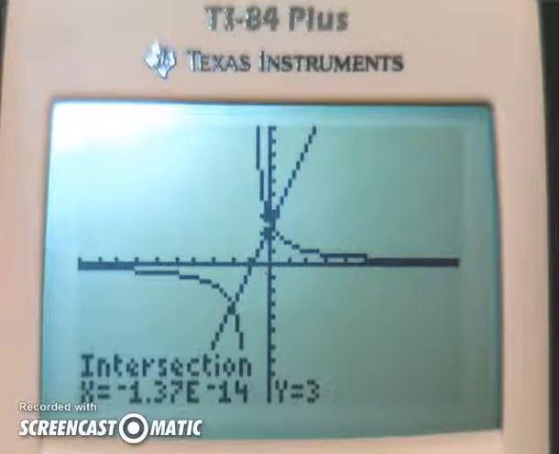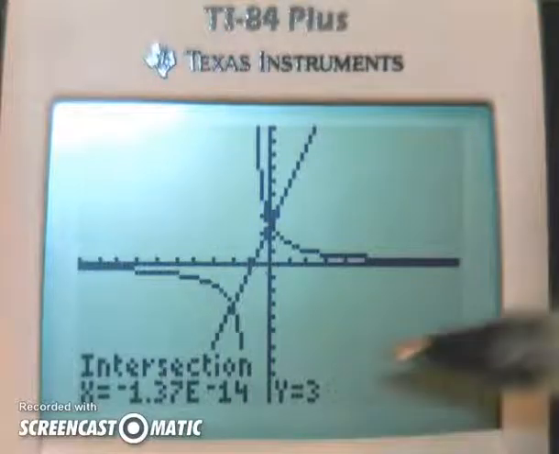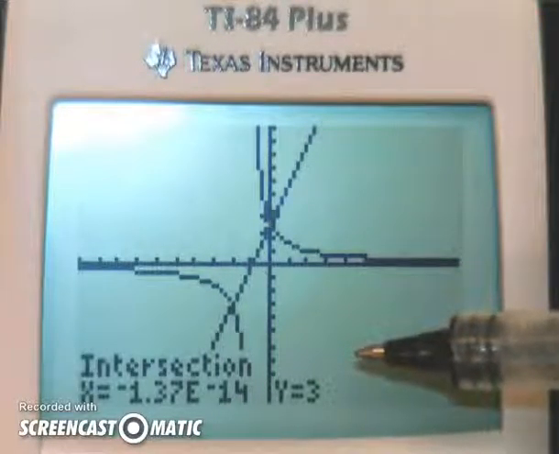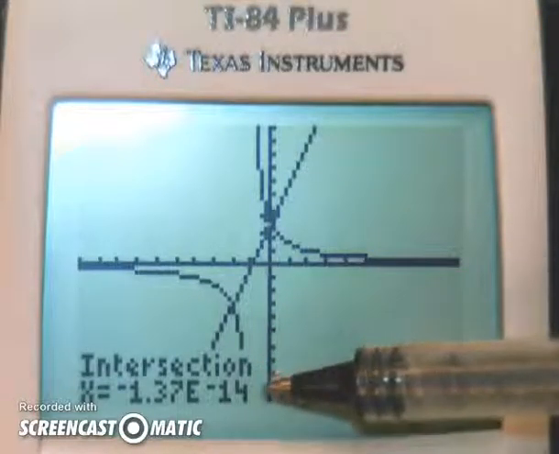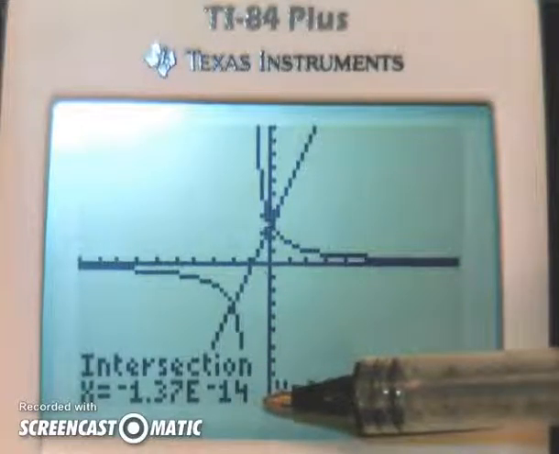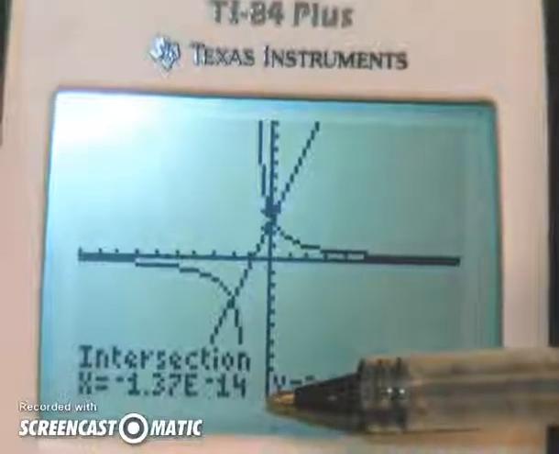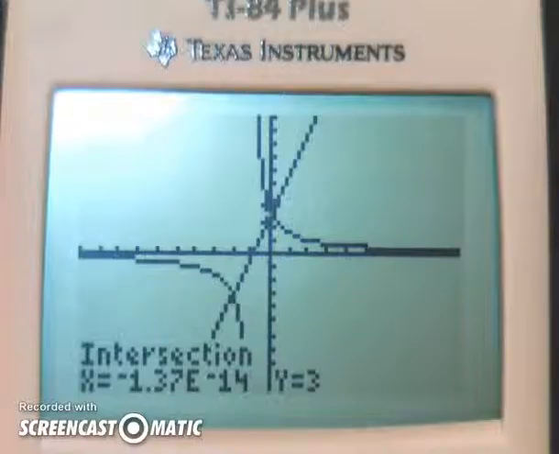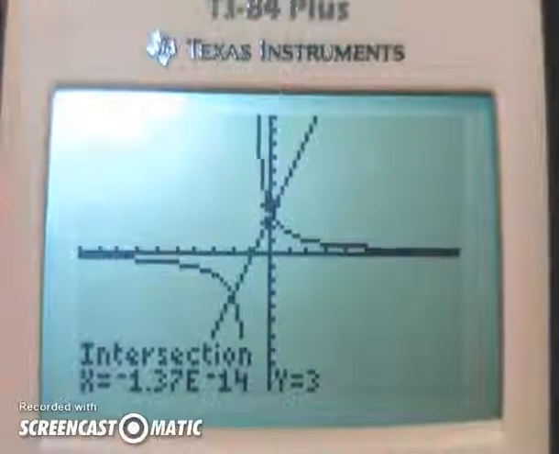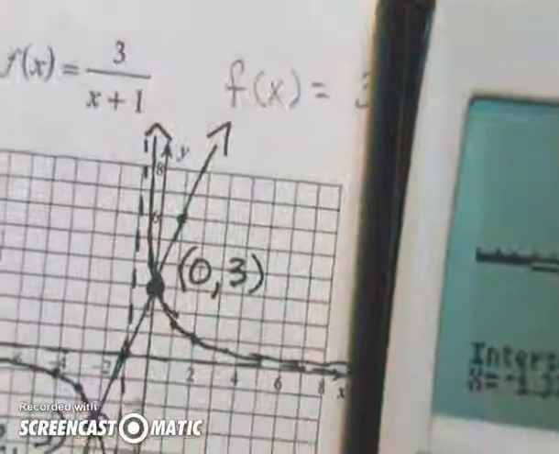For all intents and purposes, that is 0. Some calculators will come out with this kind of scientific notation for a very small number. Sometimes it will come out with 0. It just depends on the calculator. But this is how we solve a system of rationals by graphing.